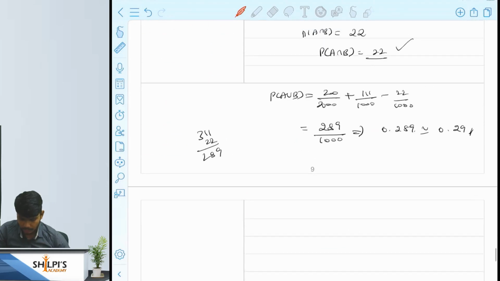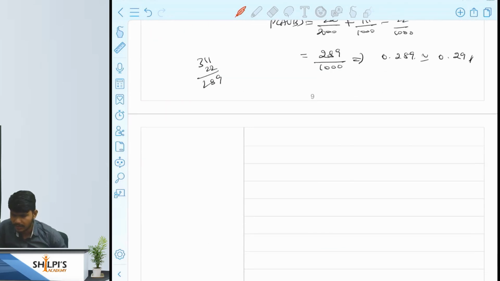Similarly, we have example 15.12. In that question, the probability that an accountant's job applicant has a BCom degree is 0.85. The applicant who has applied for the accountant jobs having a BCom degree is 0.85, and also the probability that he is a CA is 0.30.